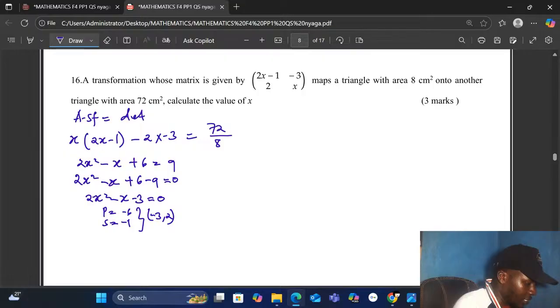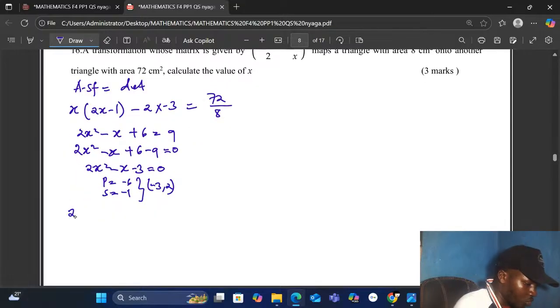So that we have 2x squared plus 2x minus 3x minus 3 equals 0.